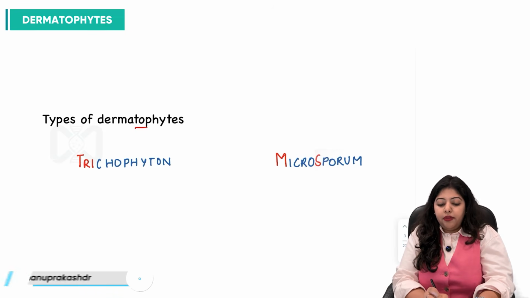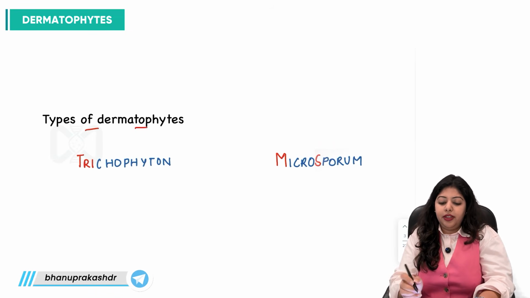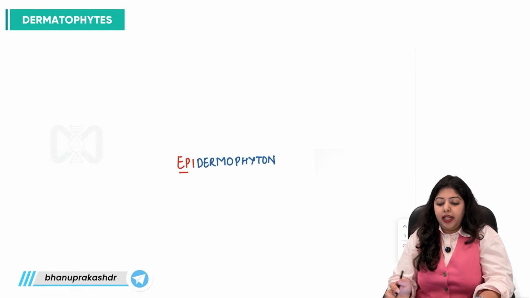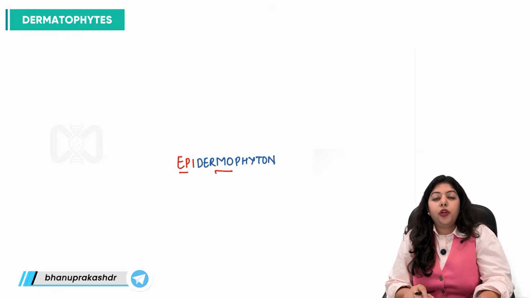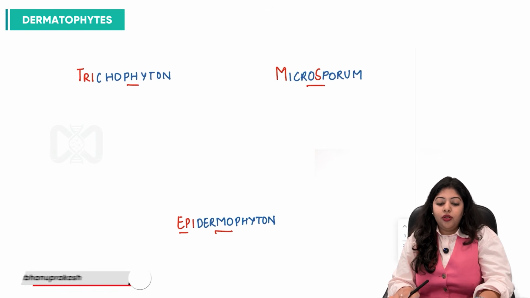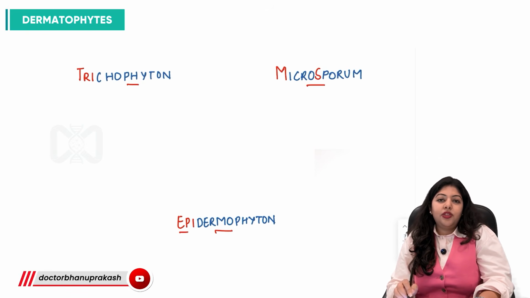Now talking about different types of dermatophytes, these are three: Trichophyton, Microsporum and Epidermophyton. So what are these different dermatophytes involving, right?